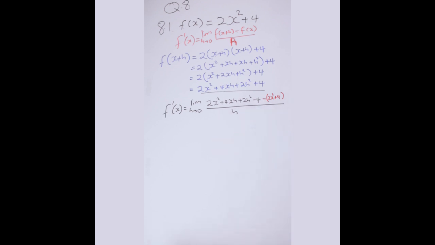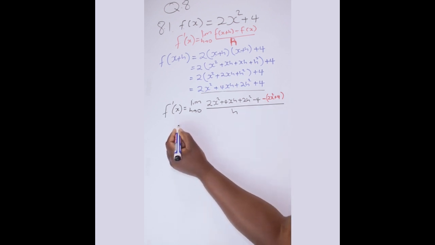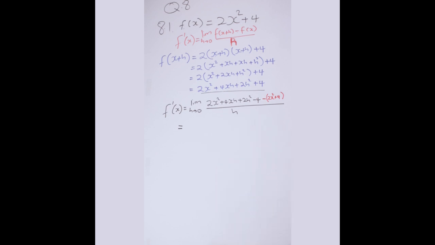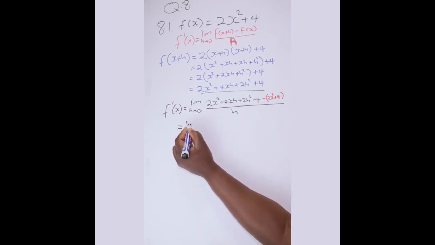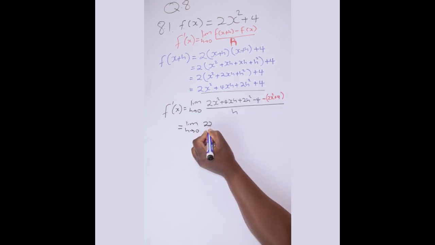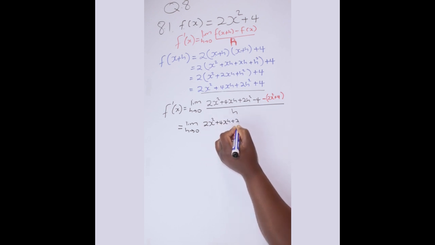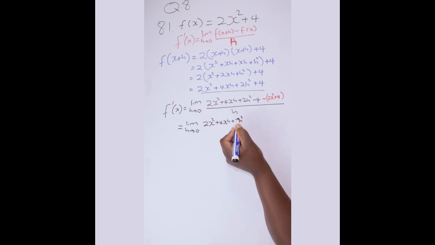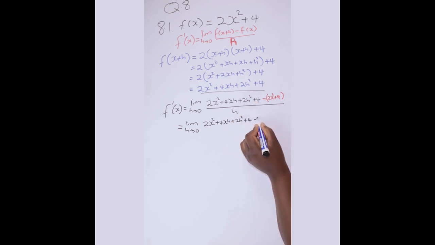In this way, I believe it's a little bit straightforward and one can follow what it is that you are trying to do as a learner. Now let's remove the bracket. You have 2x squared plus 4xh plus 2h squared plus 4 minus 2x squared minus 4, all divided by h.